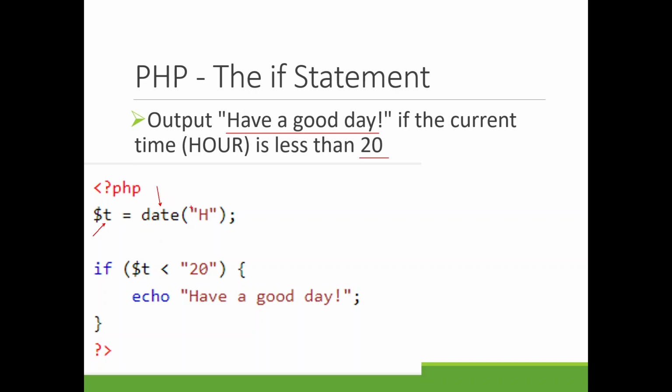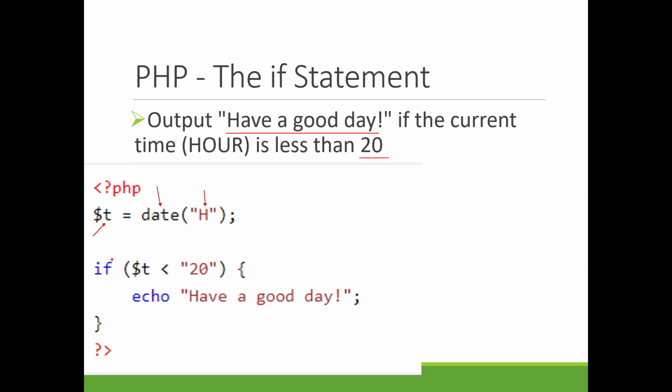When you pass the date function the value h, it returns the current hour in 24-hour format. For example, right now it is 2:57, so h is going to return 14. If we run this code right now, t is going to store 14.